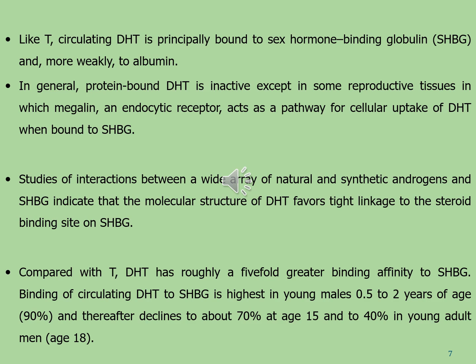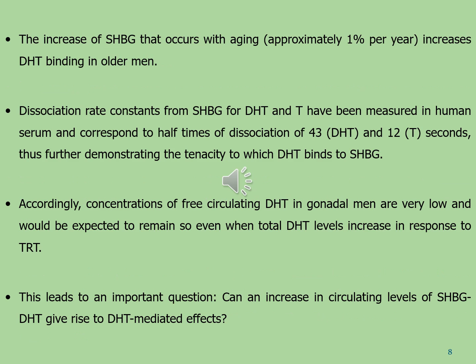Binding of circulating dihydrotestosterone to SHBG is highest in young males, that is 0.5 to 2 years of age, 90%, and thereafter declines to about 70% at age 15 and to 40% in young adult men at the age of 18. The increase of SHBG that occurs with aging, approximately 1% per year, increases dihydrotestosterone binding in older men.